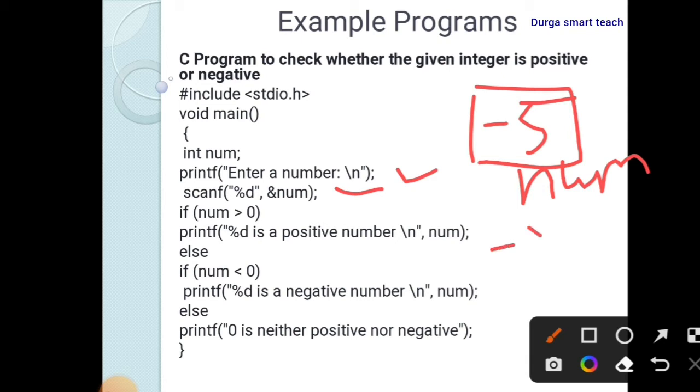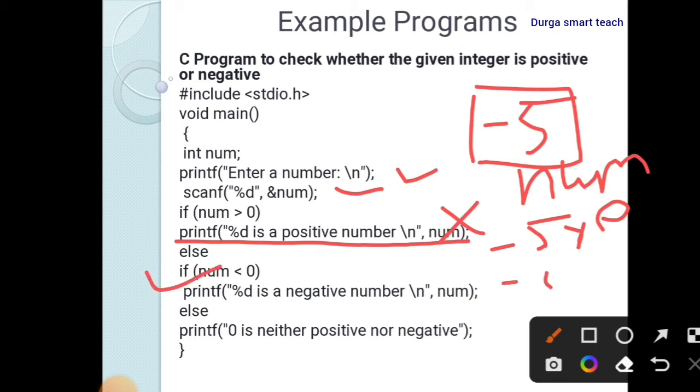So num is -5, greater than 0. Is it true? No, it is false. Then this condition is false. Else if num less than 0, so -5 less than 0. Is it true? Yes, it is. So -5 is a negative number.